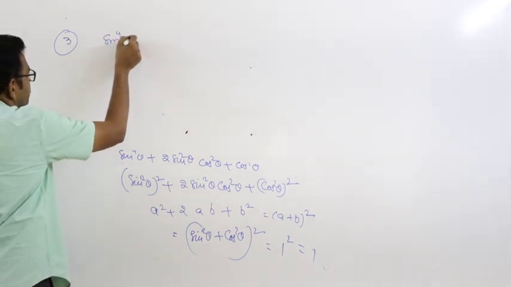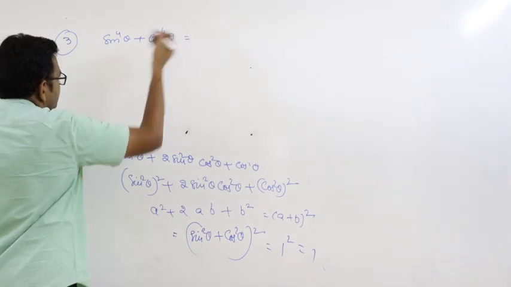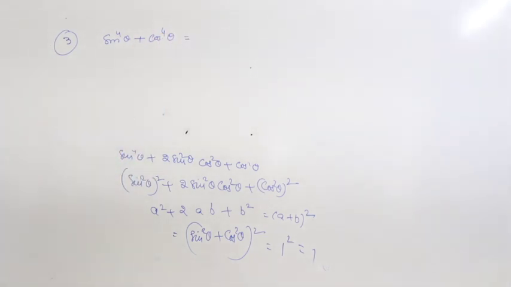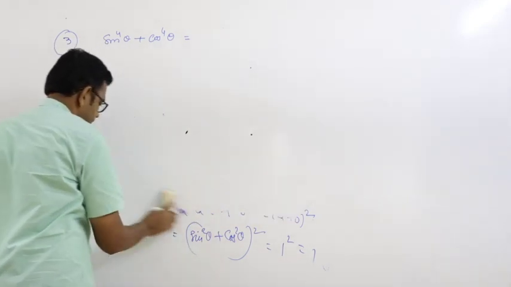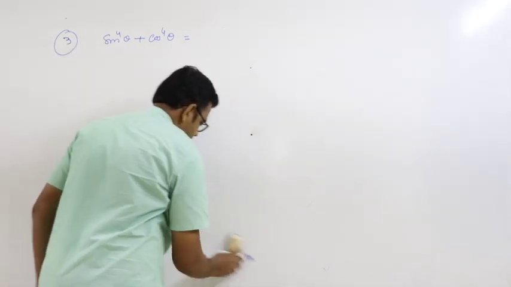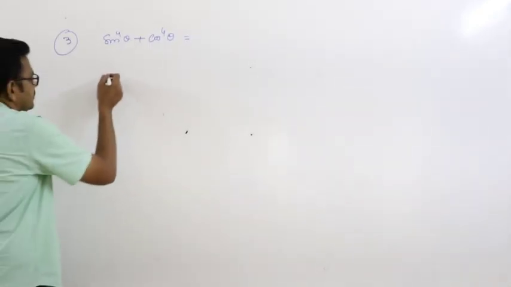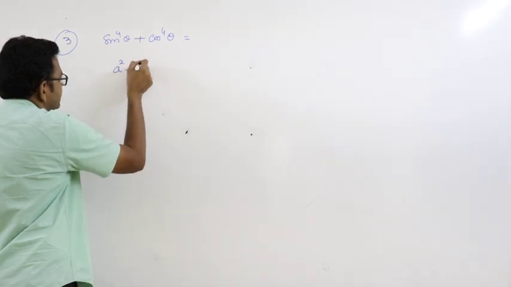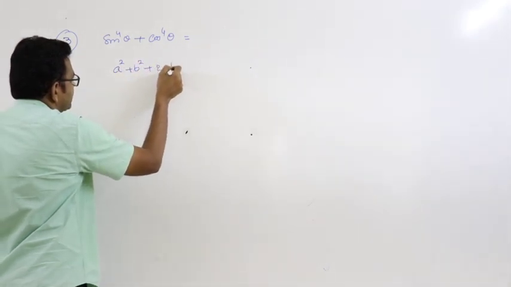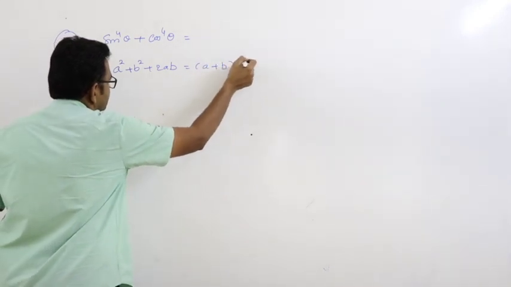Sin power 4 theta plus cos power 4 theta is equal to, a square plus b square plus 2ab is equal to a plus b whole square.